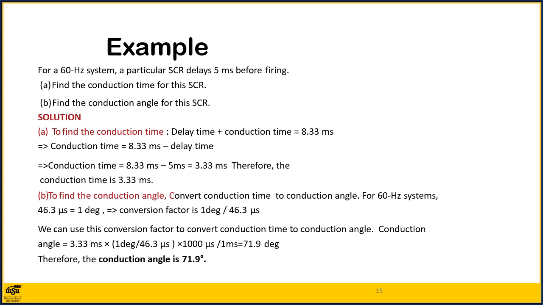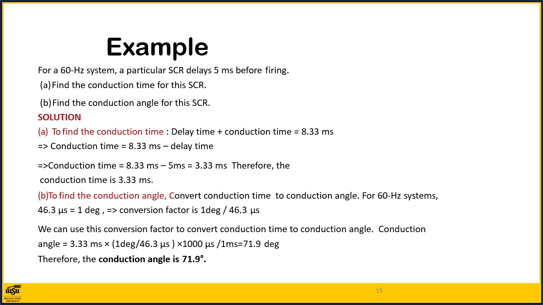To find the conduction angle, use the relationship of conduction time and angle previously developed to convert conduction time to conduction angle. For 60 Hz systems, 46.3 microseconds equals 1 degree. Therefore, the conversion factor is 1 degree per 46.3 microseconds.